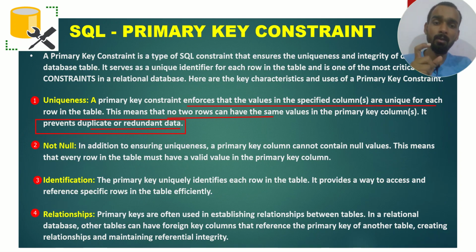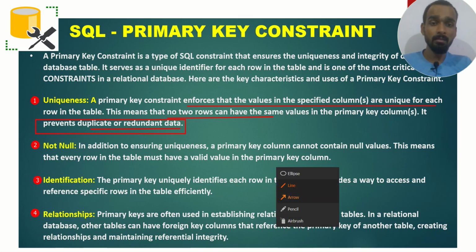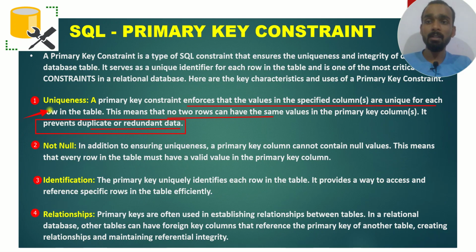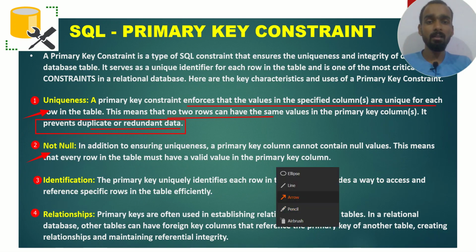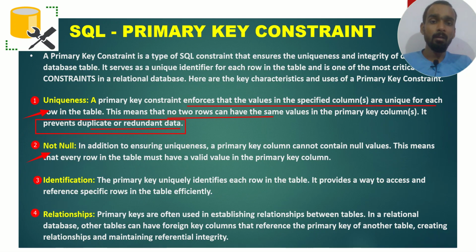So it will follow these two things: first of all, uniqueness and not null. It is a characteristic of the primary key, and the same thing is written over here: it cannot have a null value. This means that every row in the table must have a valid value in the primary key column. The same thing I have just told you.